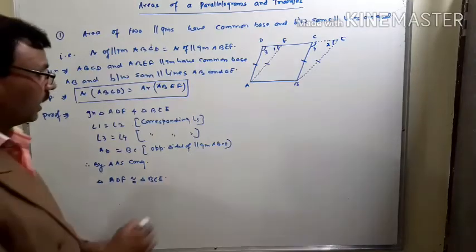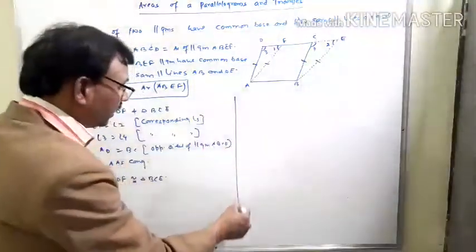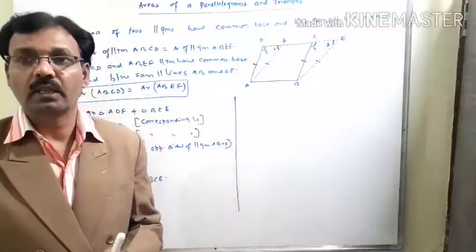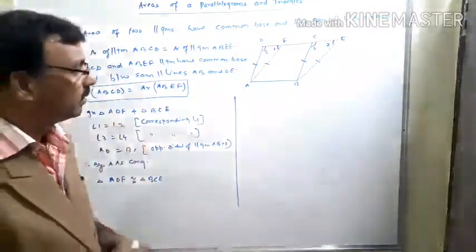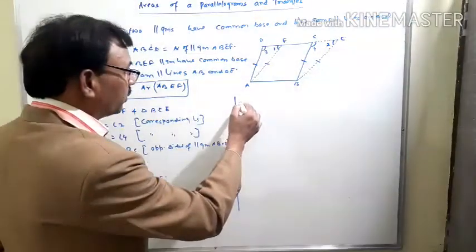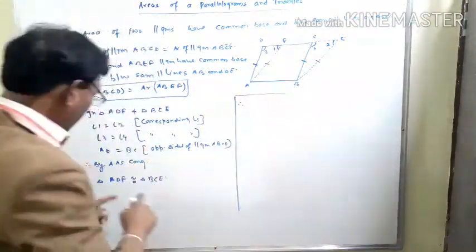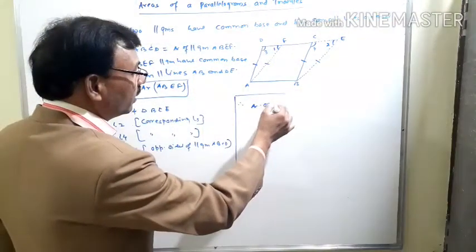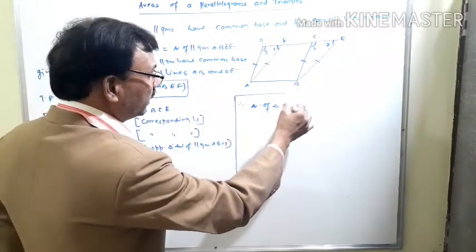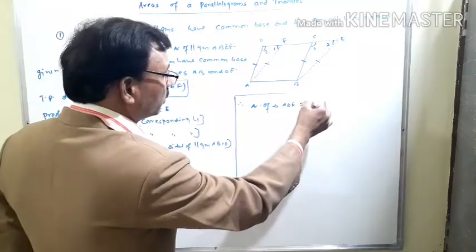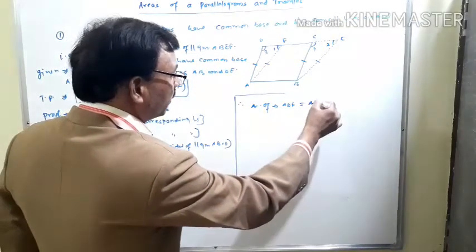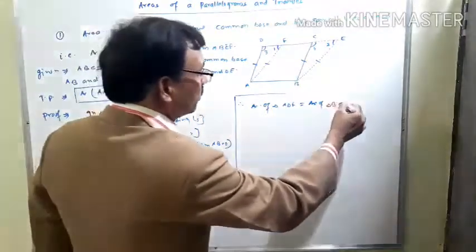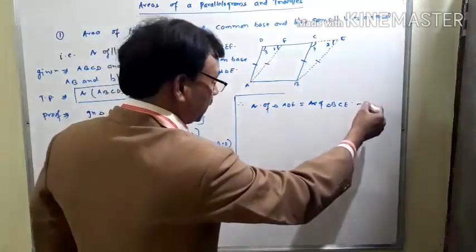Now, as you know, if two triangles are congruent, then the areas of both triangles are equal. Therefore, we can write area of triangle ADF is equal to area of triangle BCE. This is equation first.